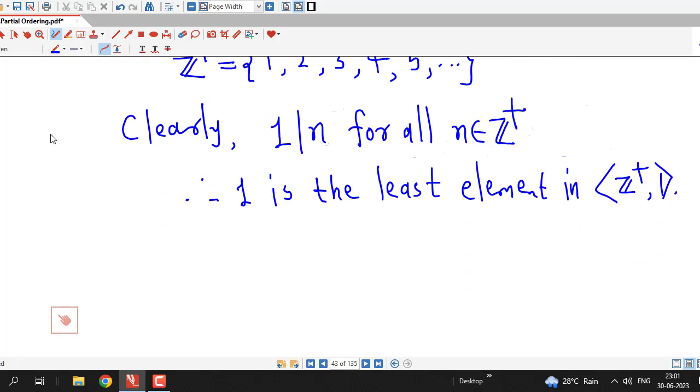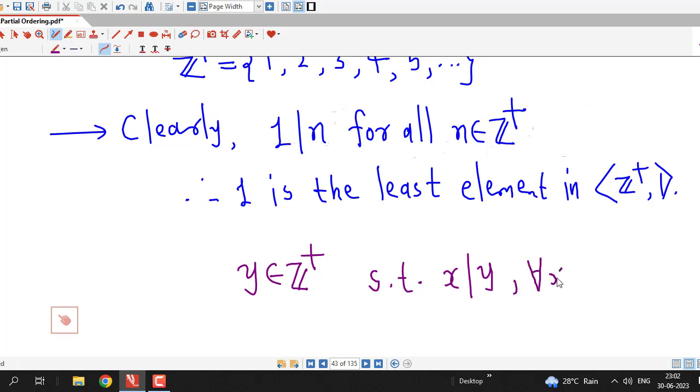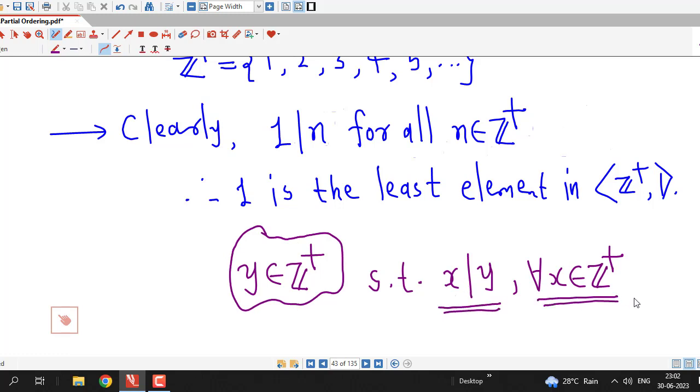Now for the greatest element, I have to think of an element y in Z plus such that x is related to y for all x in Z plus. I have to check whether I can find any positive integer y such that x divides y for every x in Z plus.